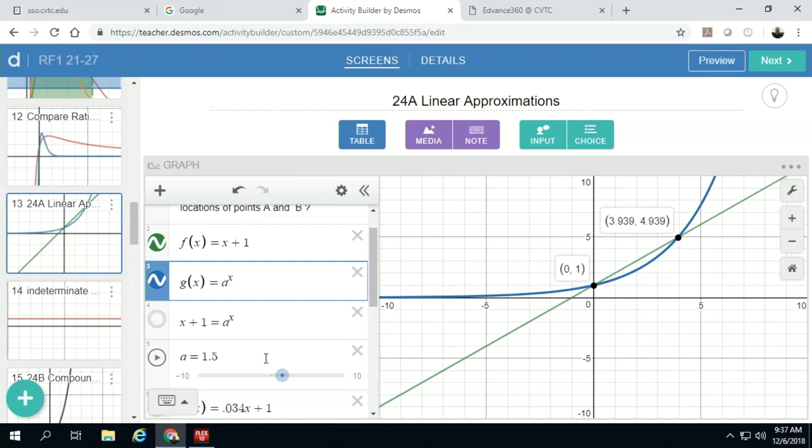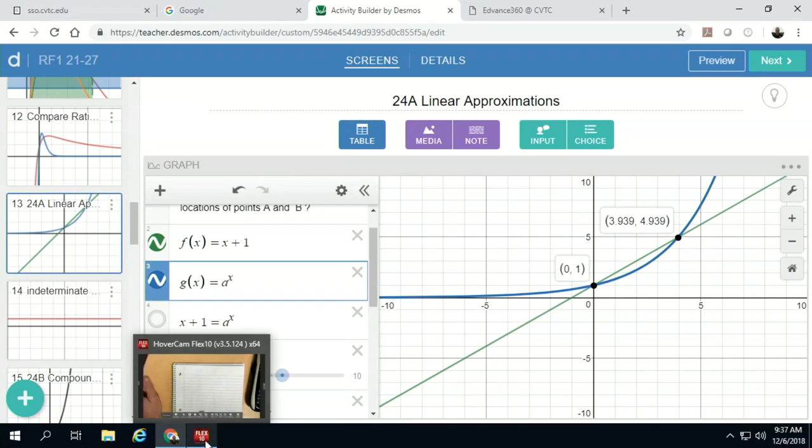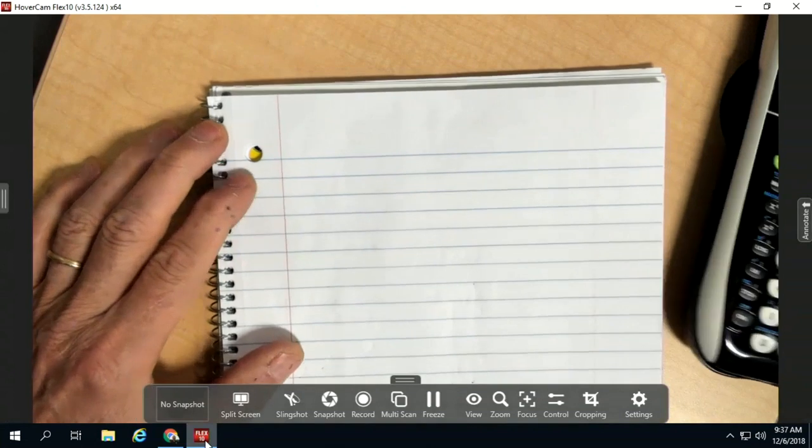So, the first question that they ask is, what happens to those two lines if you take A and you make it bigger? Let's make a table here of values, and that might help us.